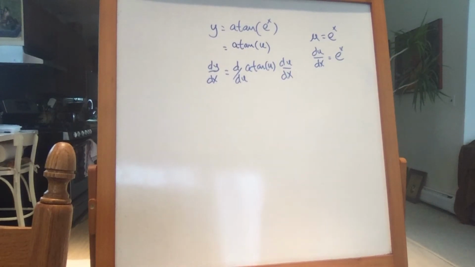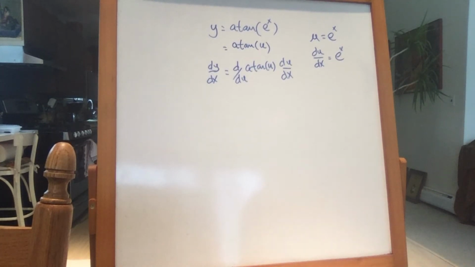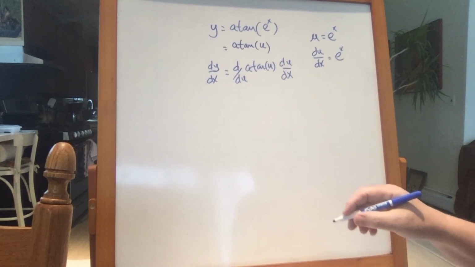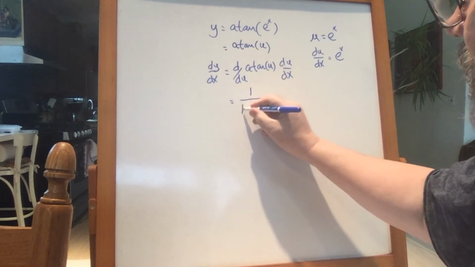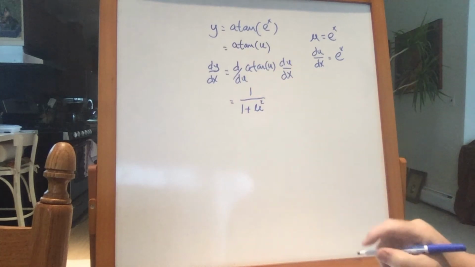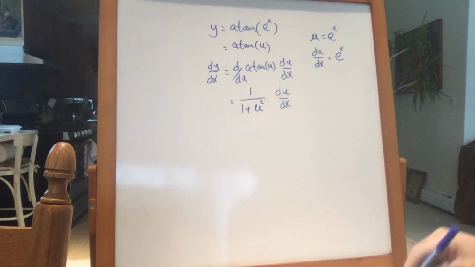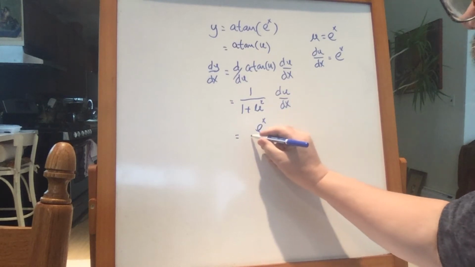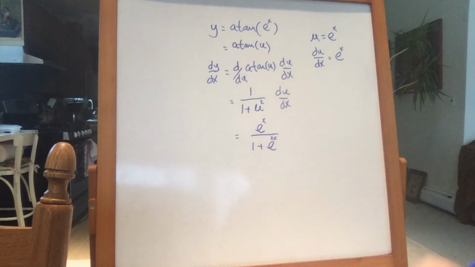Now, we've already done the derivative of the arctangent of u, which is 1 over 1 plus u squared times du/dx. But du/dx is e to the x, so we have e to the x over 1 plus e to the x squared, which is e to the 2x.